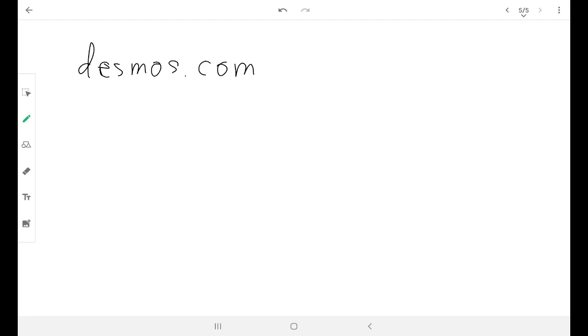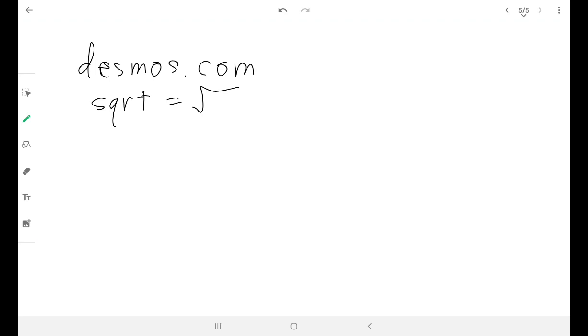You can use it as a regular calculator. If you use Desmos as your calculator, you want to use the abbreviation sqrt, and the square root symbol will pop up.